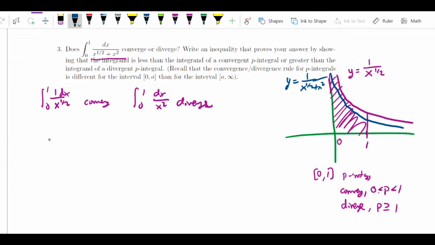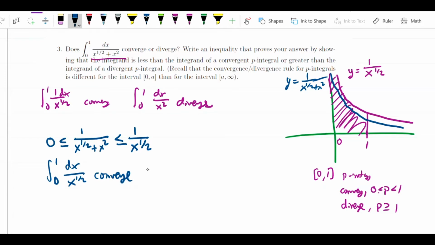We're going to say that 0 is less than or equal to 1 over x to the 1/2 plus x squared, which is less than or equal to 1 over x to the 1/2. We can now say that the integral from 0 to 1 of dx over x to the 1/2 converges because it's a p integral on 0 to 1 with p equal to 1/2, which is less than 1.